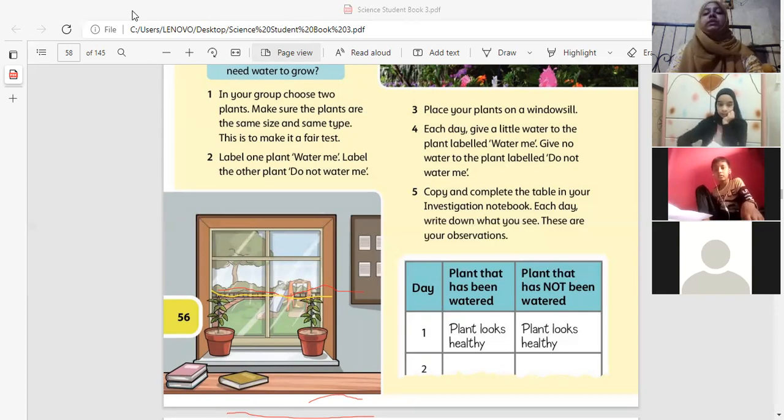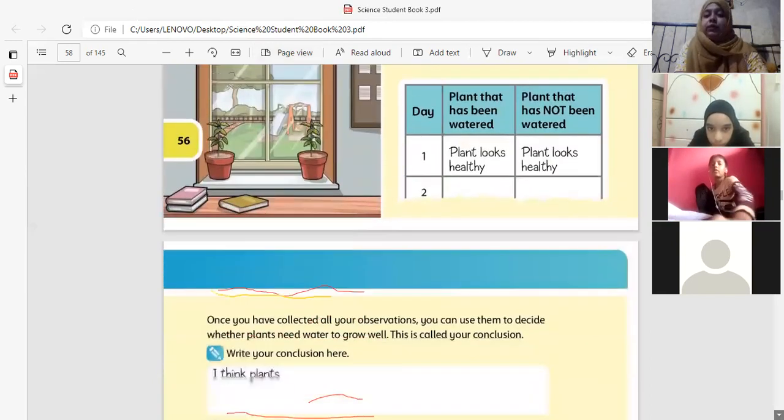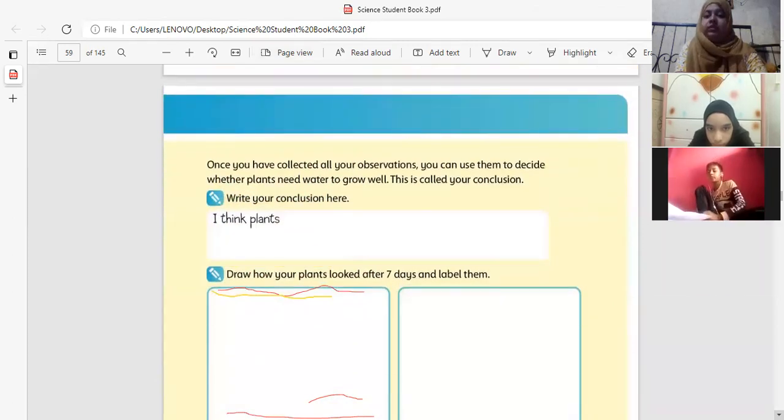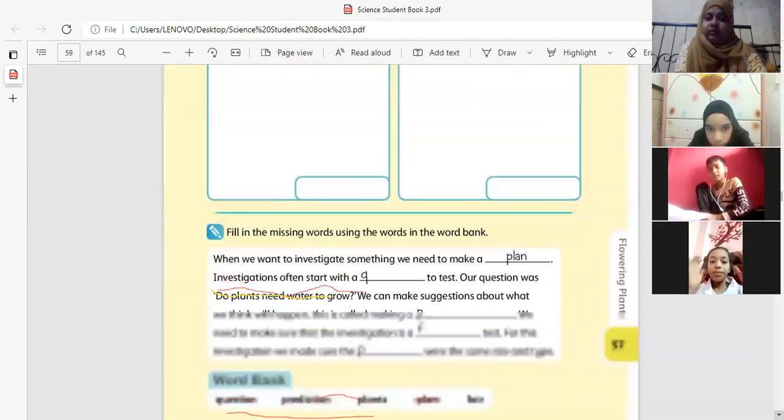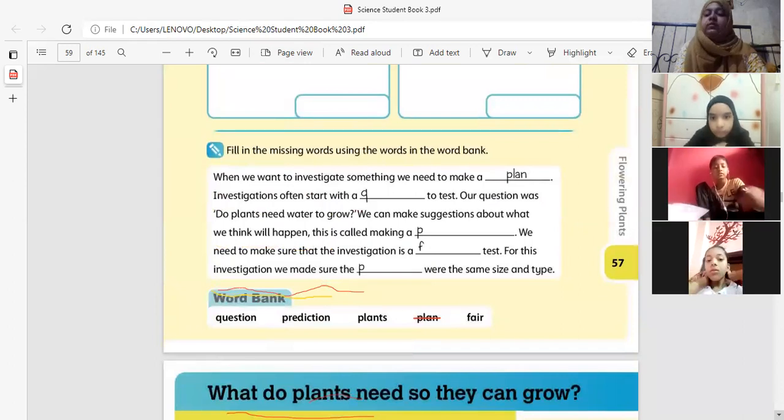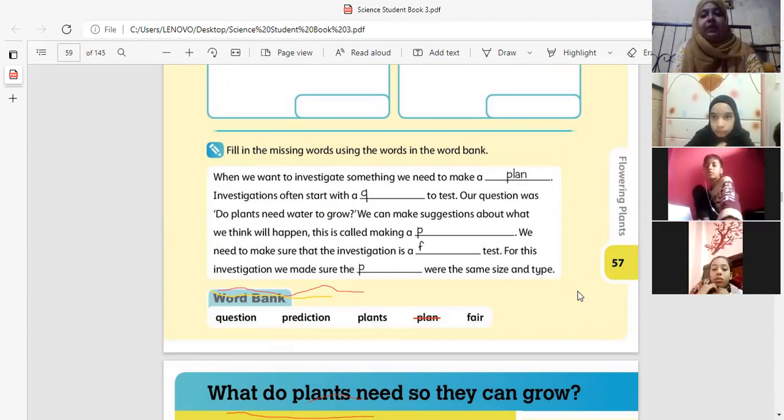Very good. What is photosynthesis? Ma'am, you told in the book that photosynthesis helps the leaf to make food. Very good. Photosynthesis helps the leaves to make food.